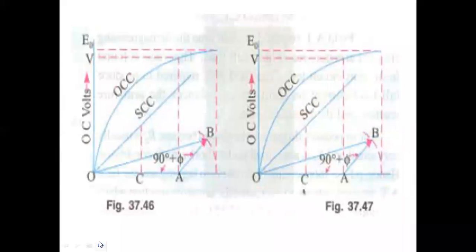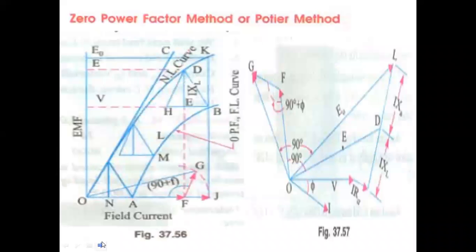And the next method is the zero power factor method, or Potier method. This is also based upon separation of armature leakage reactance drop and armature reaction effects.